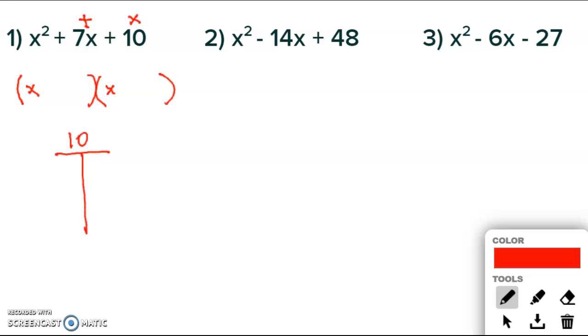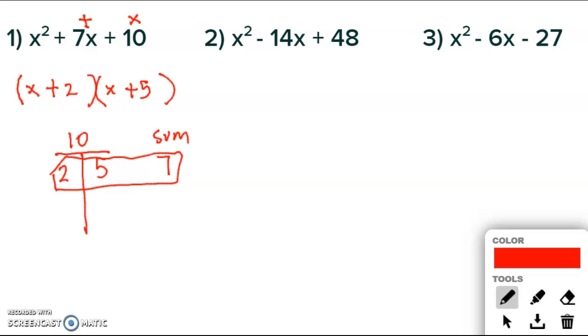So what are the factors? Well, 1 and 10 and 2 and 5, they're the only factors. And I know straight away 2 and 5 would work because 2 plus 5 is going to give me 7. So this will be the combination, which tells me that x plus 2 and x plus 5 are going to be my two factors.